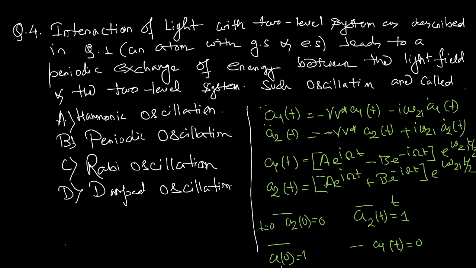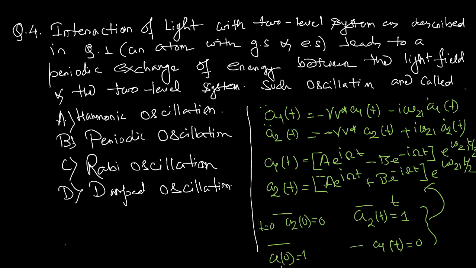Now if we incorporate these two values in that equation, and if we present e to the power i and this phase factor as 1 by omega square half, then what we will get is the expression of a1(t).